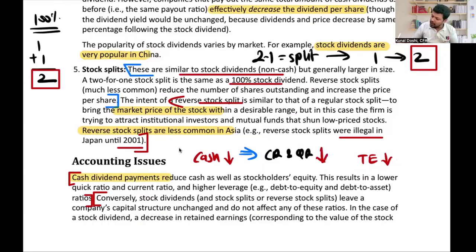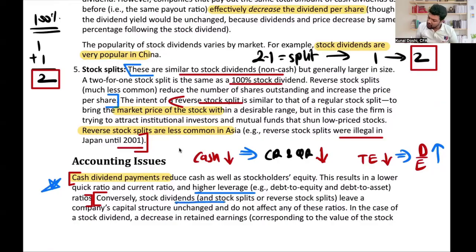And if total equity goes down, then the company's leverage, like debt equity ratio, will increase because equity is going down. Understood? So these are all ill effects of cash dividend. Cash dividend is not going to improve the liquidity or solvency of the company. I'll repeat, cash dividend does not improve the liquidity or solvency of the company.